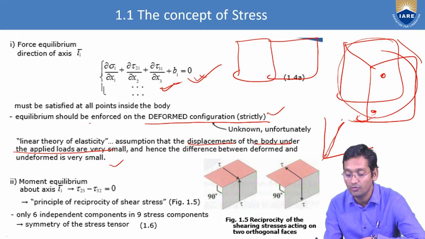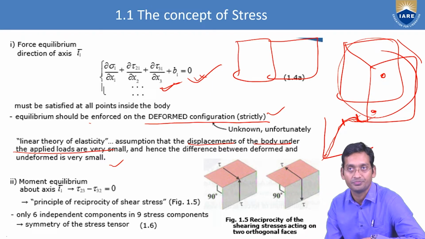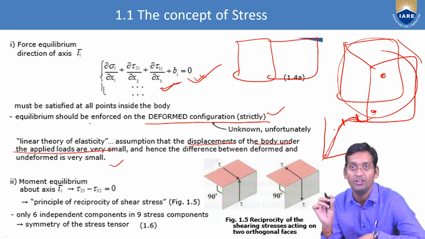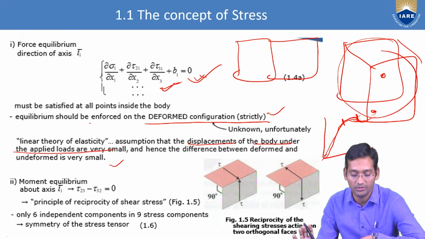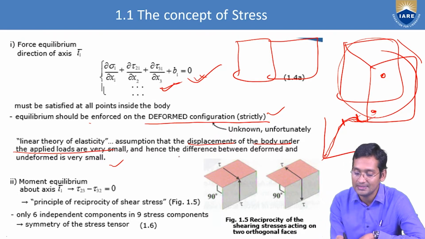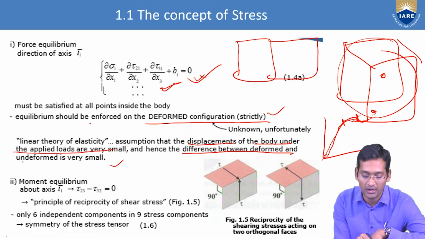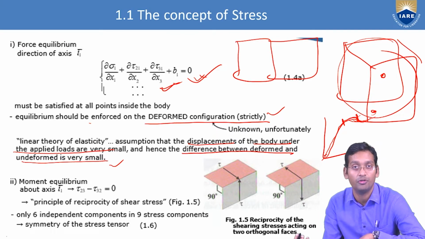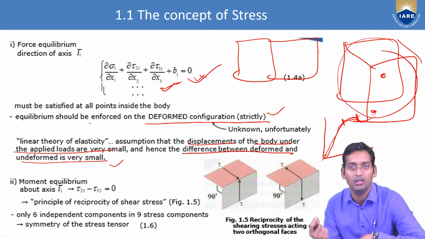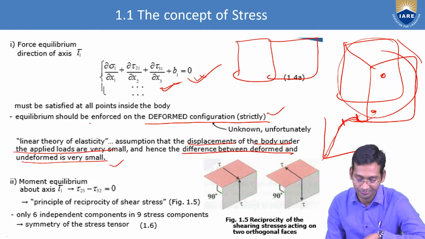Once it moves from the elastic region to the plastic region, some permanent deformation will be there. That's why we consider very small displacement as an assumption, and hence the difference between deformed and undeformed is very small. If the deformation is small, the difference will also be very small.